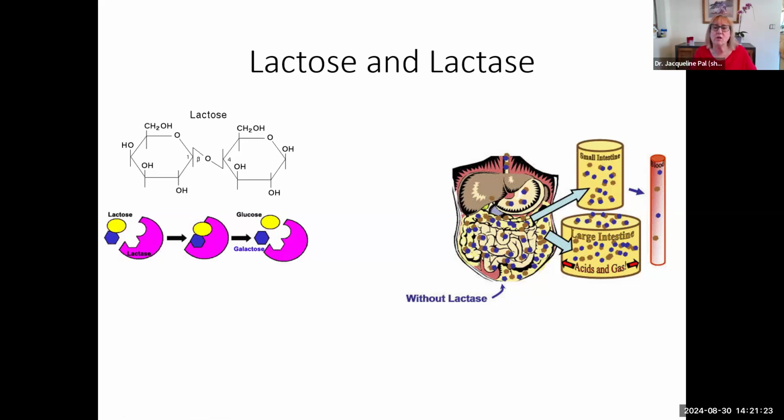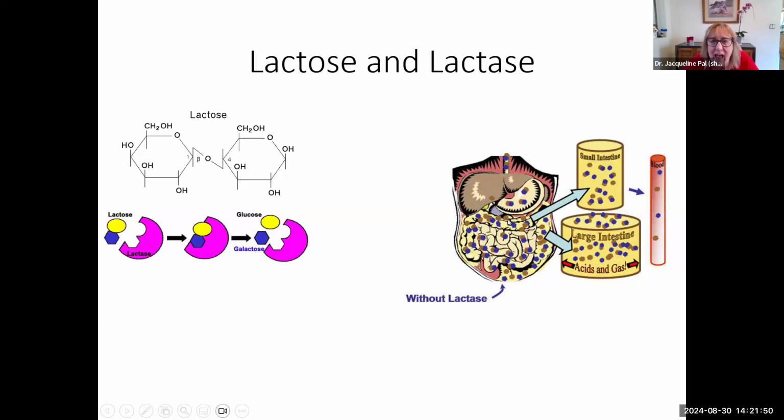It's going to be pulling water into your small intestine. And that extra water is going to be going into your large intestine. So you're going to feel very bloated. You're going to be gurgling a lot because you've got a bunch of extra liquid.